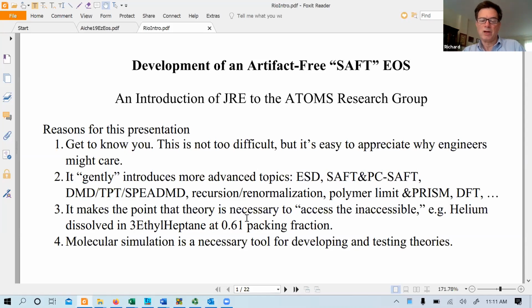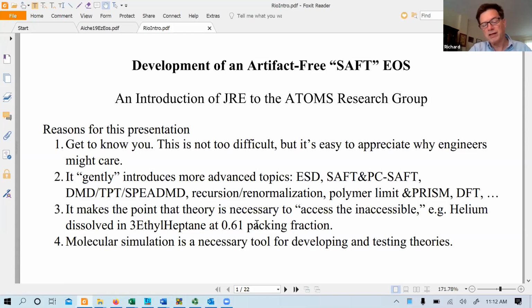One example of this accessing the inaccessible would be helium dissolved in 3-ethyl heptane. You'll see why I chose that particular molecule at a packing fraction of 0.61. Well, hopefully you know that spherical molecules, when you get to a packing fraction of 0.494, they crystallize into a face-centered cubic solid.